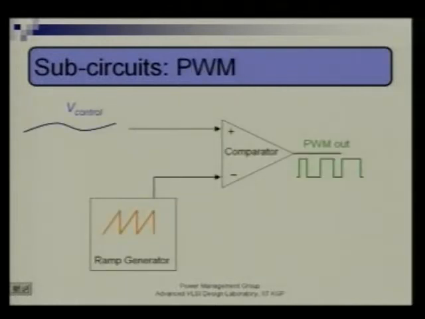For PWM, you can easily guess that it is actually a comparator, which will compare this control voltage with this, and the same kind of action will be achieved that we have behaviorally indicated a few minutes back. This part is solved. Comparator design, that's an analog problem that you will learn more about in your analog course.